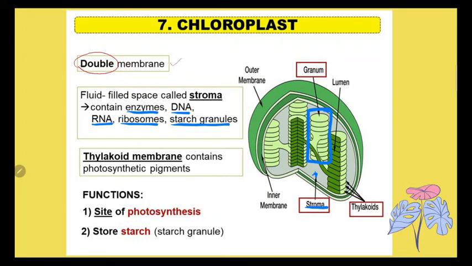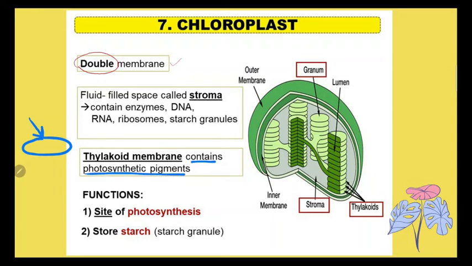Okay, about the thylakoid membrane. Again, I draw the structure of thylakoid. So this is thylakoid membrane. The outer part of the thylakoid is called thylakoid membrane. In thylakoid membrane, it contains photosynthetic pigments like chlorophyll.